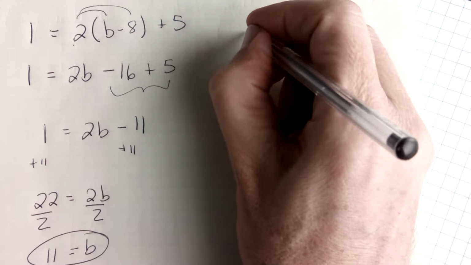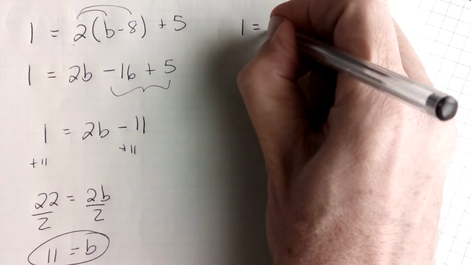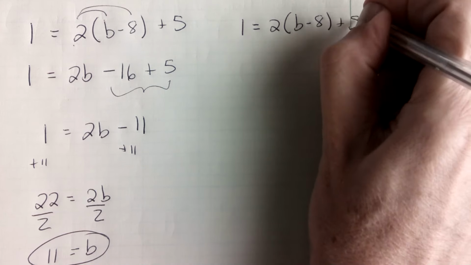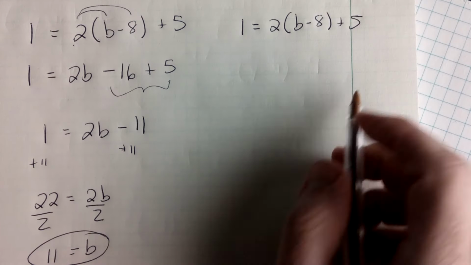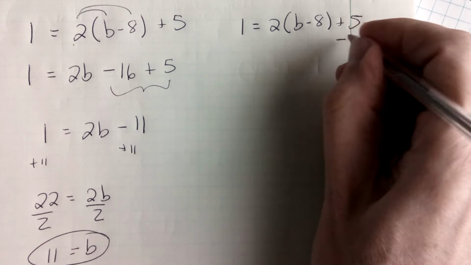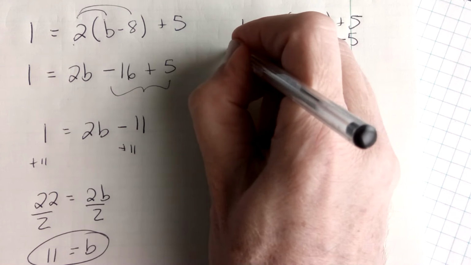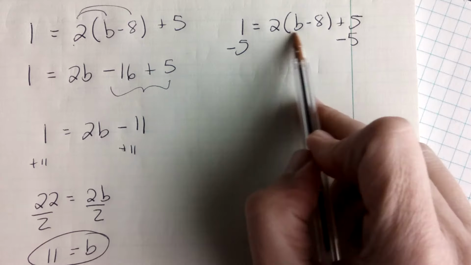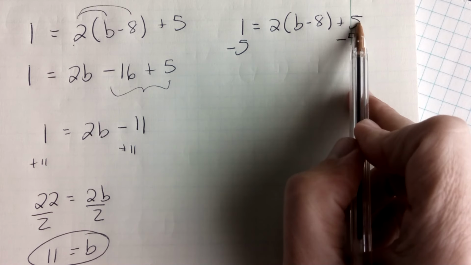So I'm going to have 1 equals 2 parentheses b minus 8, plus 5. Okay, what I could have done is I could have just started out with minus 5 from both sides, because I get rid of this term that I'm adding to this product. Remember, get rid of all your terms that you're adding or subtracting.